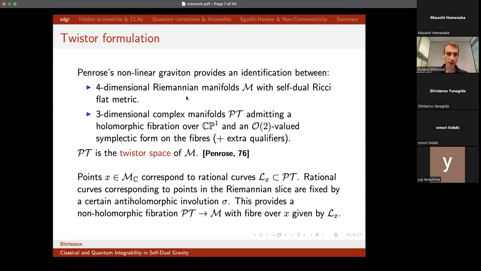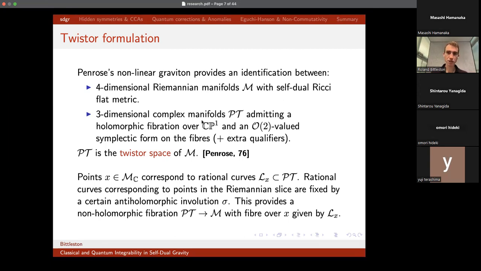And it's really this Ricci flat condition which gives me some of these extra conditions. If it was just a self-dual Weyl tensor, then we would have a three-dimensional complex twistor space, but only if it's Ricci flat do we have a holomorphic fibration over the P1.